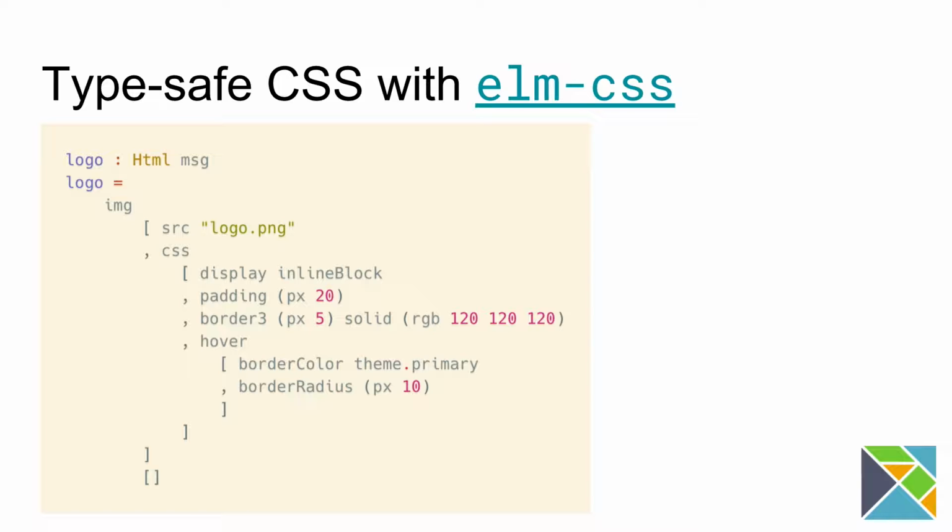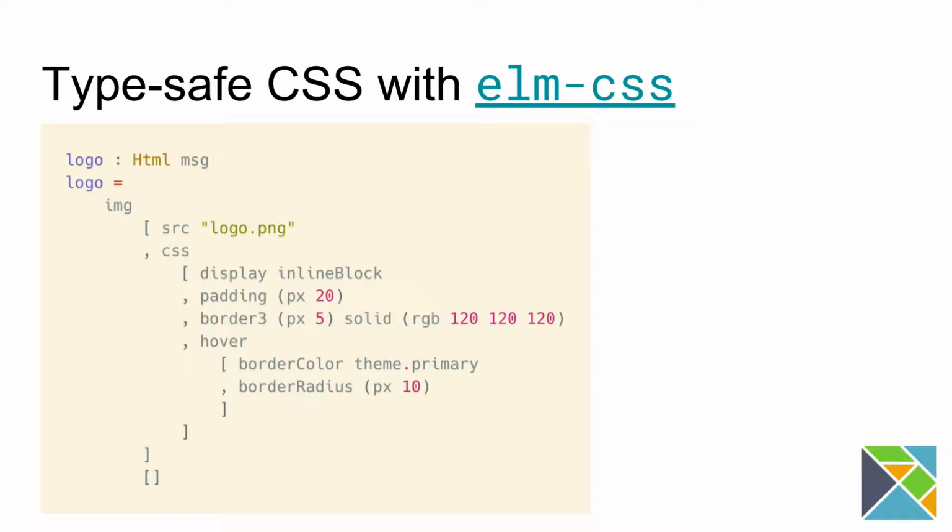This also handles scoping of the CSS, so you don't have to think of a name for every class and use something like BEM or some naming convention, so you don't overwrite your styling rules.